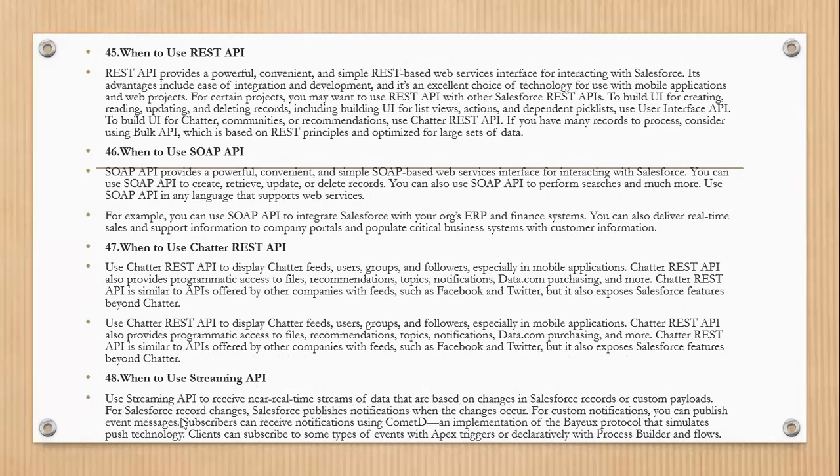For Salesforce record changes, Salesforce publishes a notification. For custom notifications, you can publish event messages and subscribe to receive the notification using CometD, an implementation of the Bayeux protocol, which is the simplest push technology. Clients can be subscribed to some type of event, with Apex triggers and declaratively without code, using Process Builder and Flow.